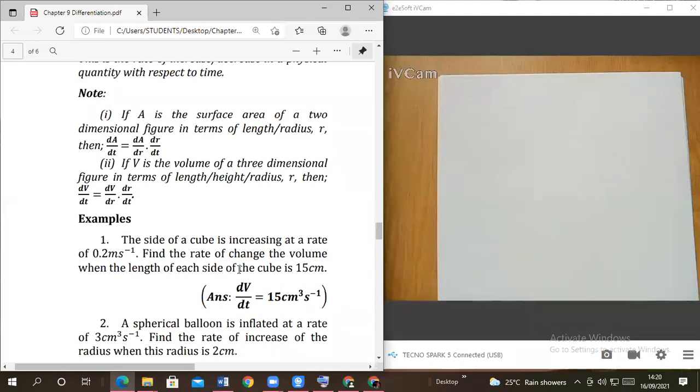Now, which physical quantity is changing there? If I may change the question, which dimension of a cube is changing? When they say side, what do they mean?